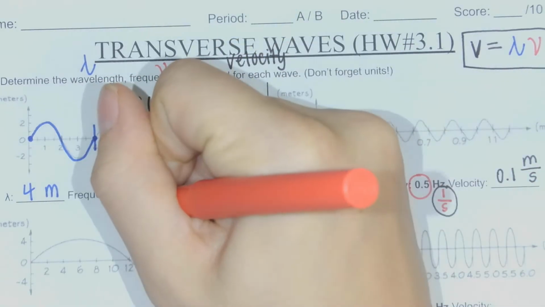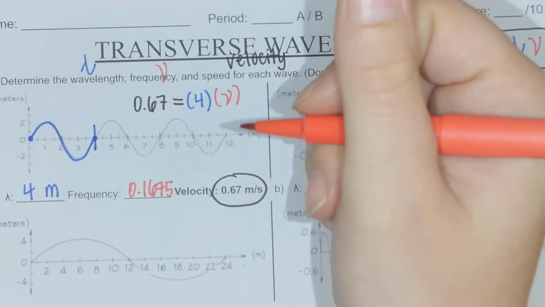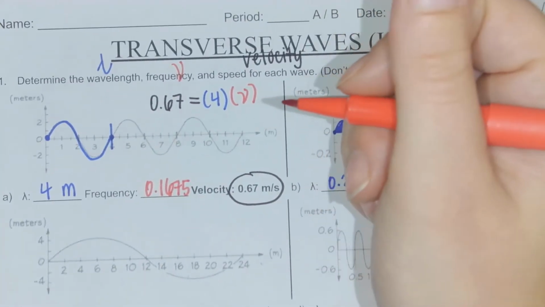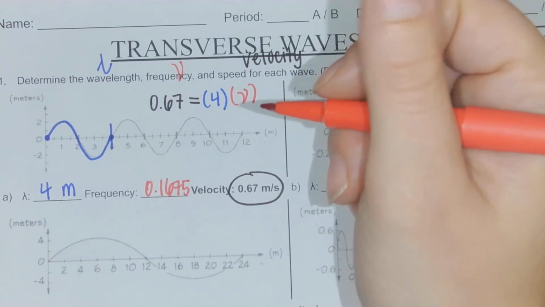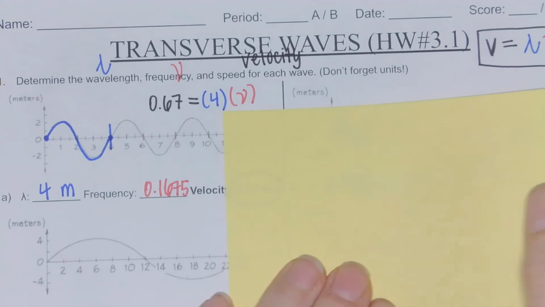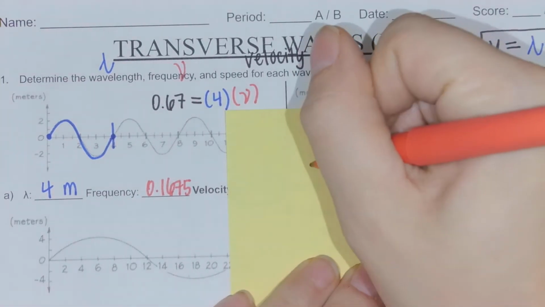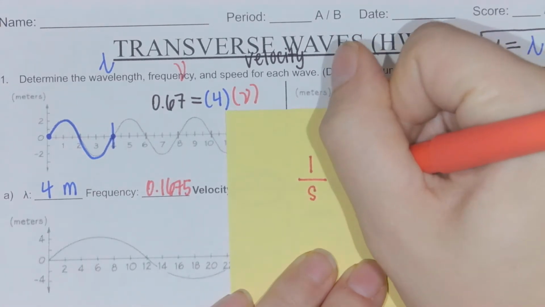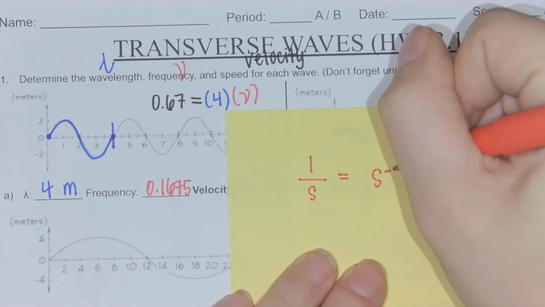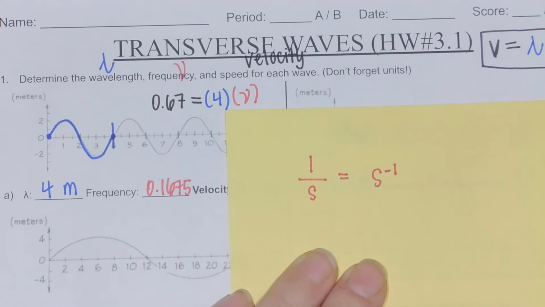You can either write per second or hertz, or here's a fancy way that I like to do it. Just because we do it in AP chemistry, so I tend to like to prep you guys for AP chemistry. 1 divided by seconds is the same thing as doing seconds to the -1 power.